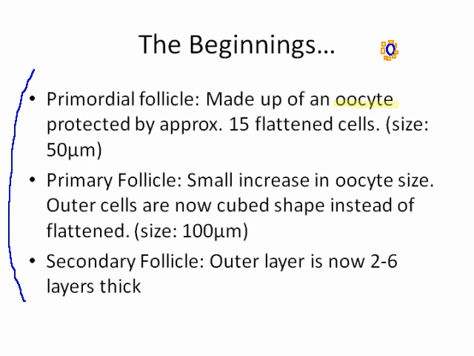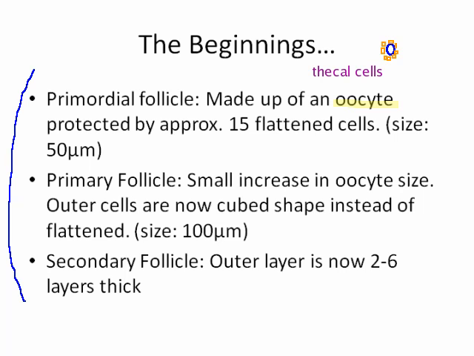And so you've got approximately 15 flattened cells that are surrounding the egg. The cells that are surrounding the eggs are what we typically refer to as thecal cells.